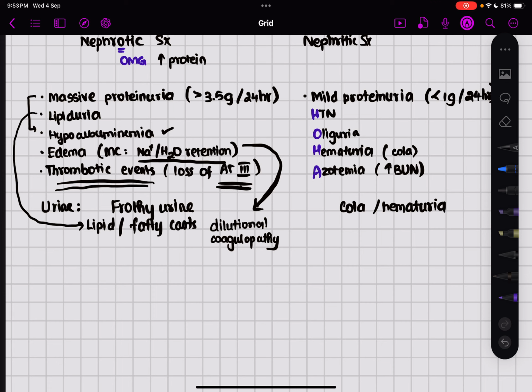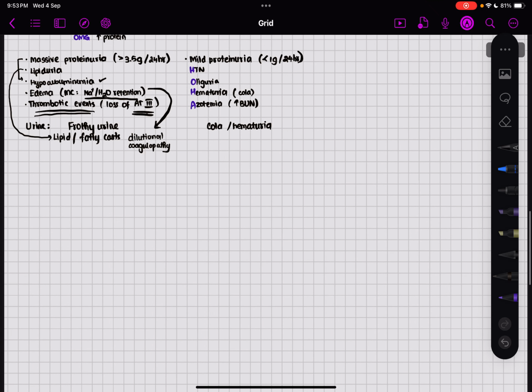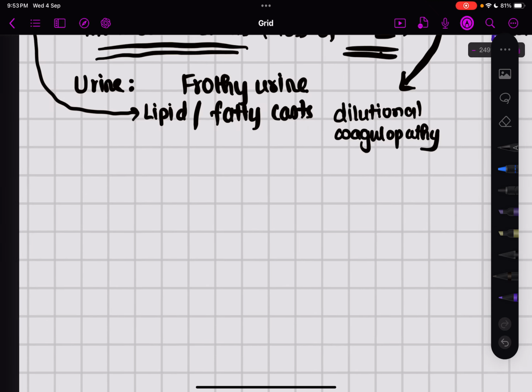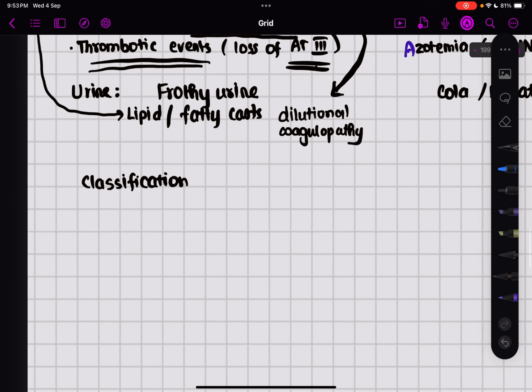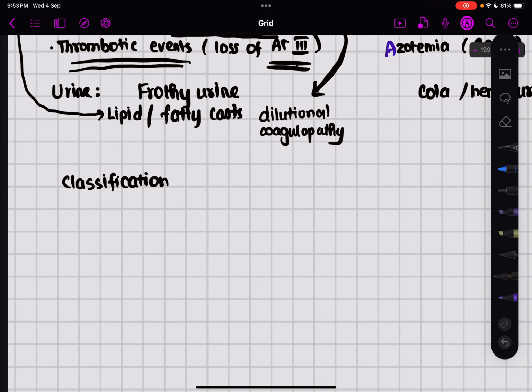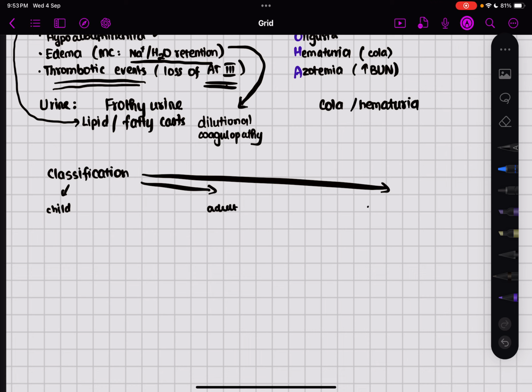Now, after the general features of nephrotic syndrome, we go into the classification of nephrotic syndrome. Classification is based on the age groups in which the nephrotic syndrome is manifesting, and they are children, adults, and elderly.